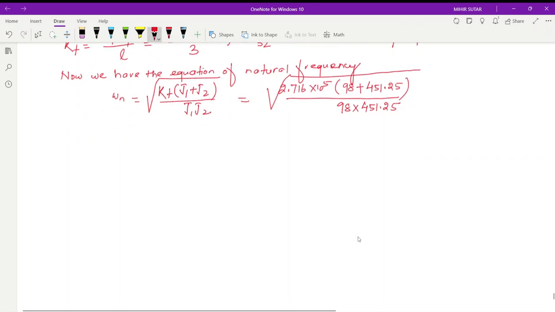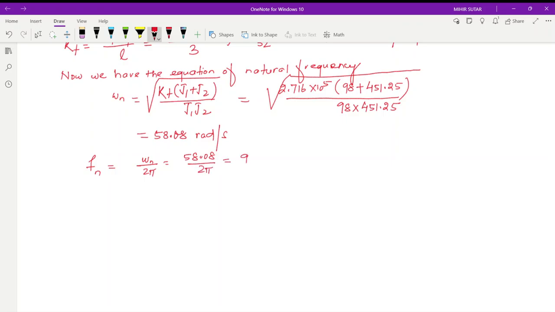So this will be equal to 58.08 radian per second. So we can have the natural frequency Fn as omega n by 2 pi. So 58.08 by 2 pi will give us 9.24 hertz. This is the answer.